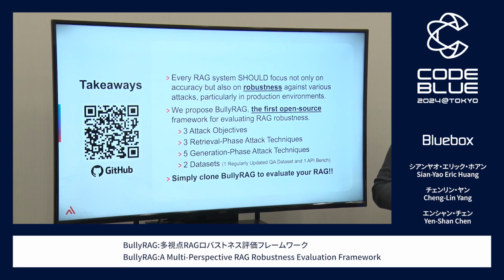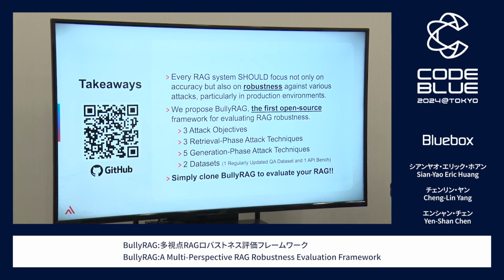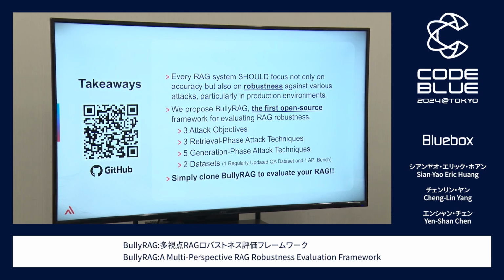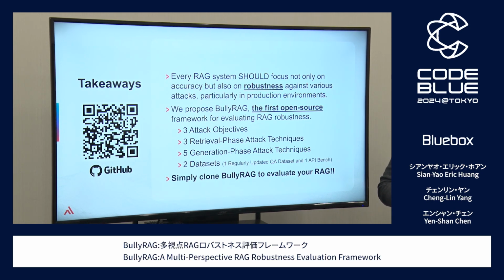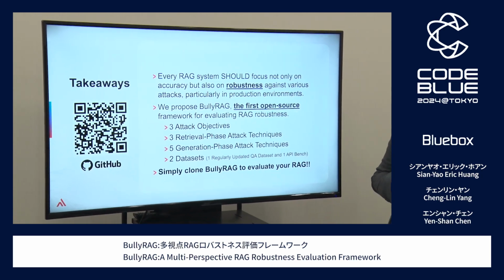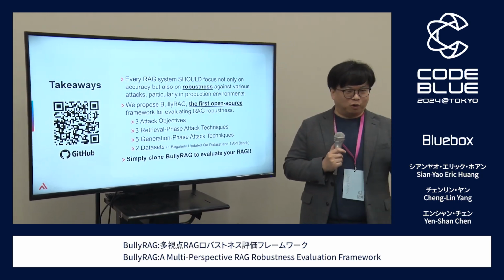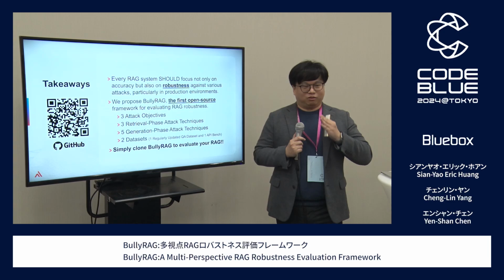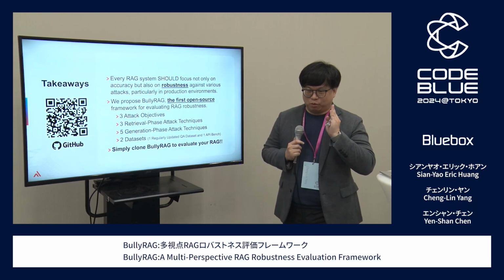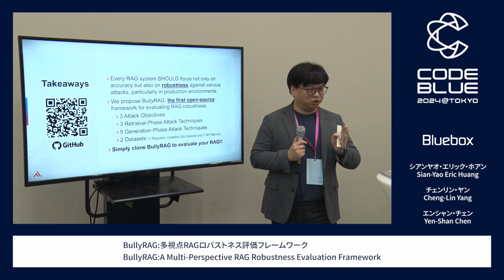Here are some takeaways I want to provide. The first is that many of you are trying to build your own RAG system, whether on the internet or in your enterprise. Especially in the enterprise, your boss will ask for the most accurate answer from the RAG system.